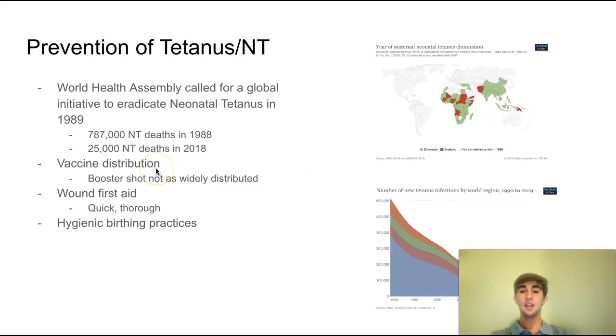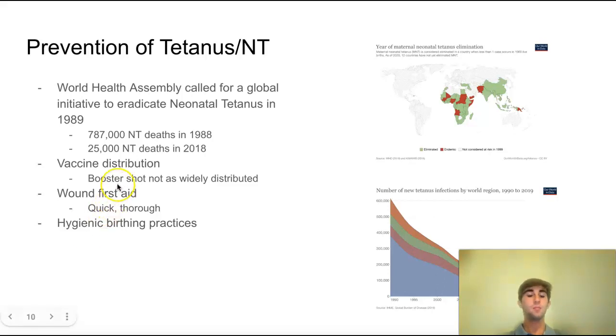And that's because the vaccine distribution, getting people immunized against tetanus, is the number one way to prevent tetanus infection. It's the best way to stop people from getting tetanus. Other good practices obviously include cleaning your wounds, being quick and thorough with it, and then also hygienic birthing practices in the case of neonatal tetanus.